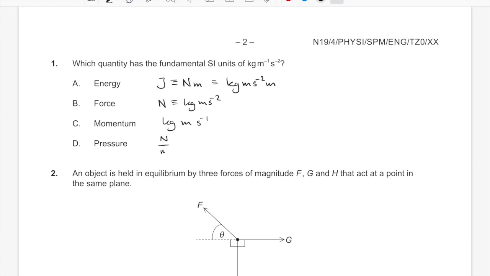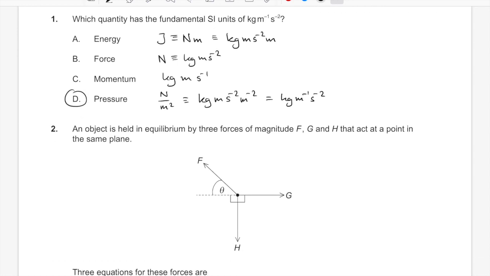And knowing those things, you just have to work them out and express all these quantities in fundamental SI units. And in the end, you'll see that it's pressure that works. You're going to get meters times meters to the -2, giving you the meter to the -1 that you need. So that's a question on derived units.